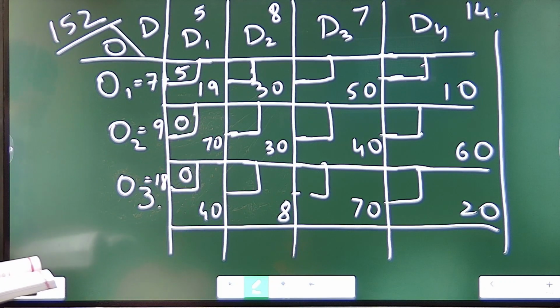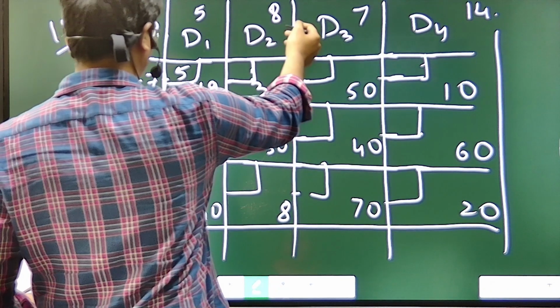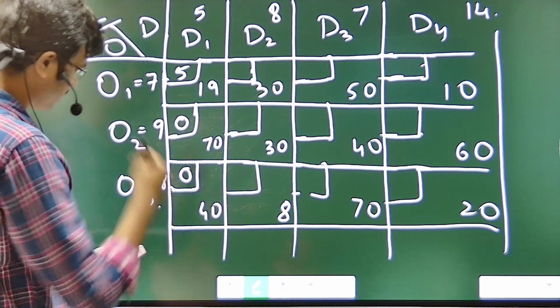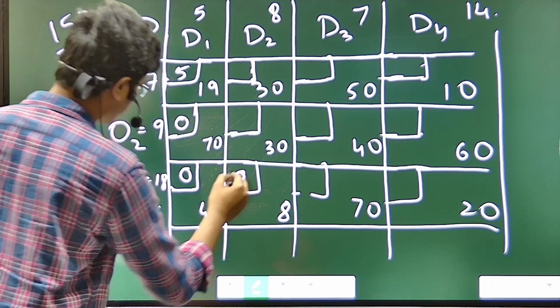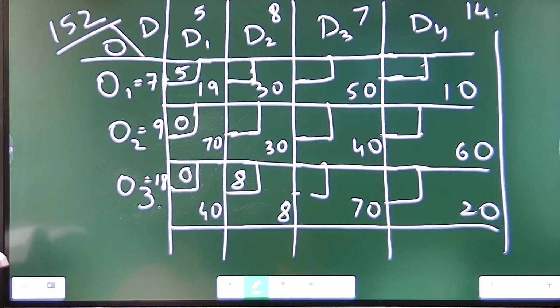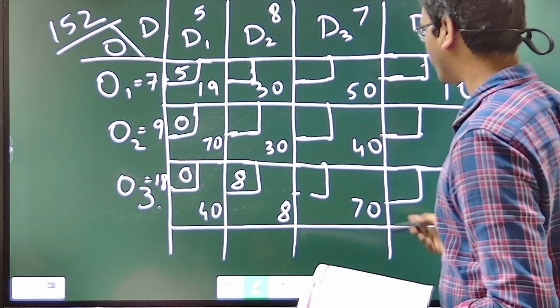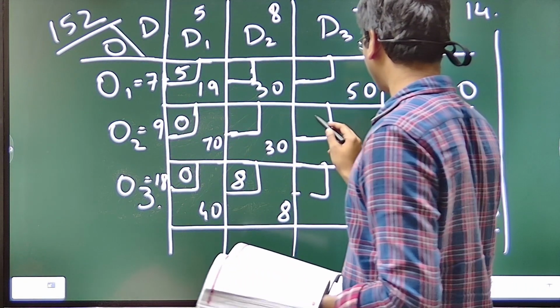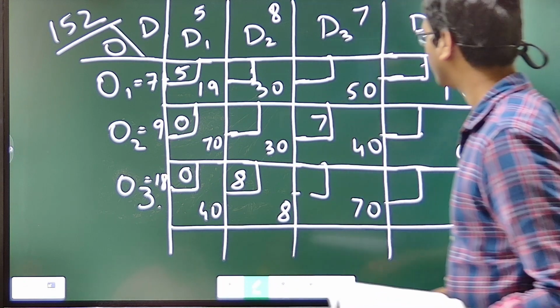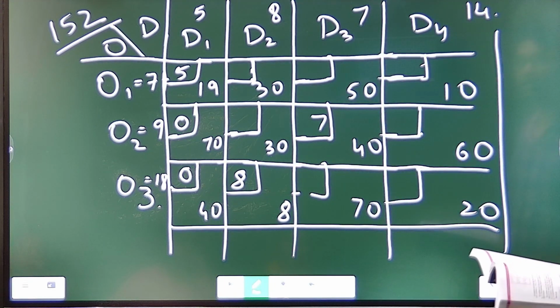We have nothing left. Here it is 8. Which is the lowest? You can give the 8 here because you have a capacity of 18 already. Correct? Now here 7. Which is minimum? 40. It is 9. You can take 7 here. No problem. Completely distributable.